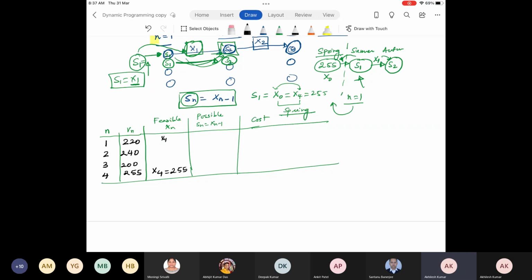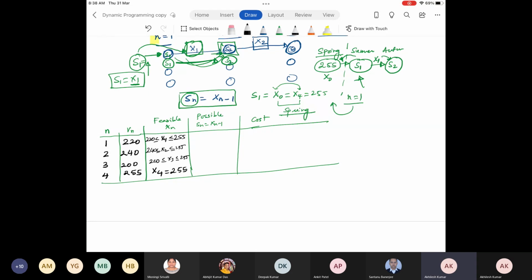What is the feasible value for X1 for stage 1? What is the maximum it can have? 220 to 255, right. Similarly, X2 is 240 to 255 and X3 is 200 to 255. Is this correct? These are the possible values of Xn.